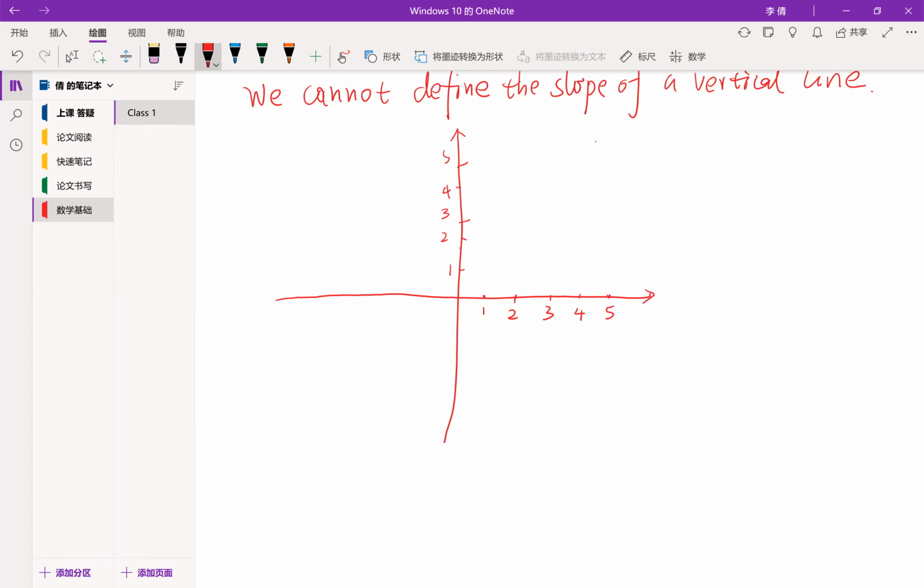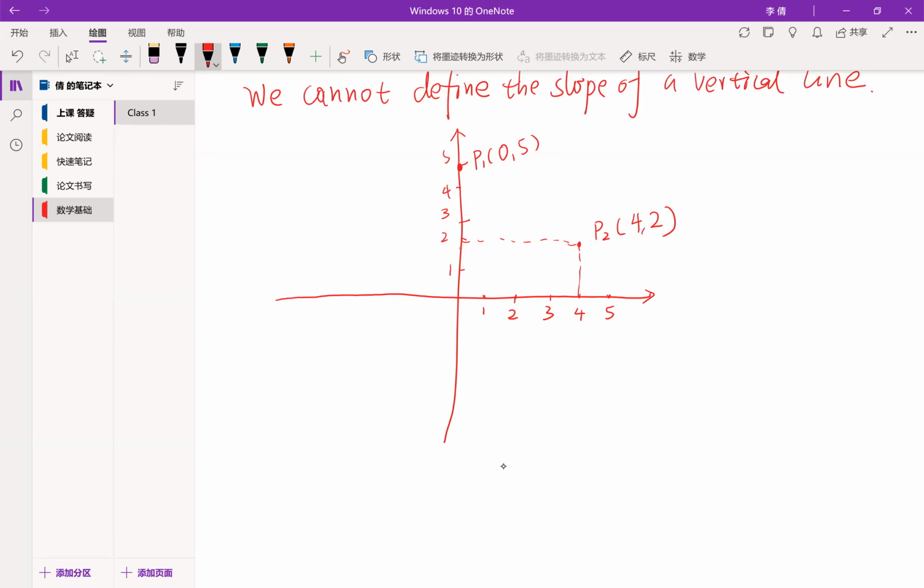The first point is P sub 1, and the ordered pair of P sub 1 is (0, 5). Another point is (4, 2). This point is P sub 2, and the ordered pair is (4, 2).